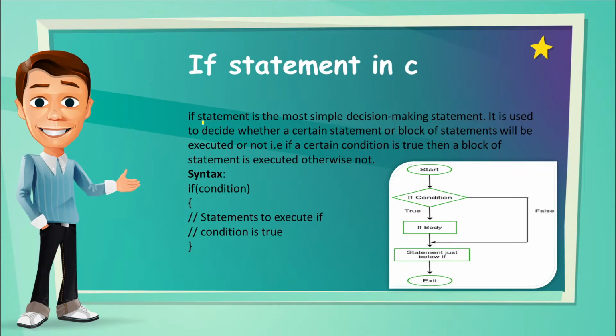The if statement is the simplest decision making statement. I already told you these control statements are used for making a decision. It is used to decide whether a certain statement or a block of statements will be executed or not. I won't explain the definition, you can just go through it. I'll explain using the syntax itself.